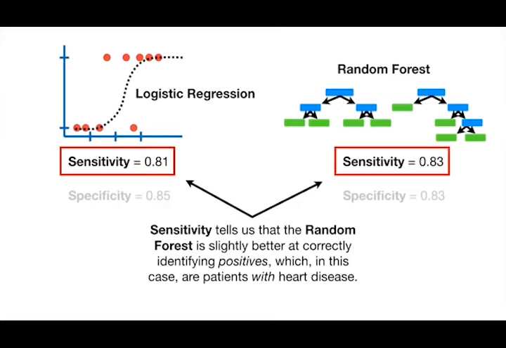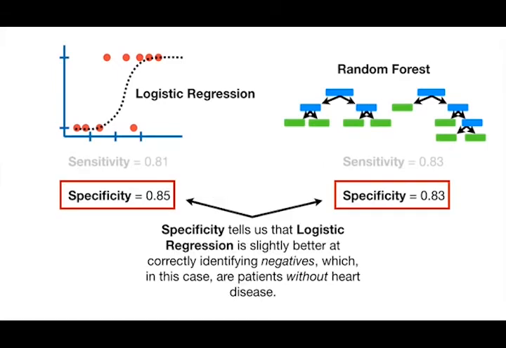Sensitivity tells us that the random forest is slightly better at correctly identifying positives, which, in this case, are patients with heart disease. Specificity tells us that logistic regression is slightly better at correctly identifying negatives, which, in this case, are patients without heart disease.